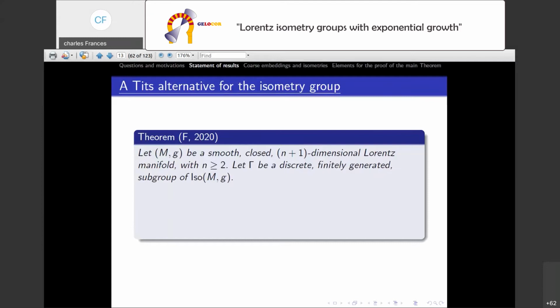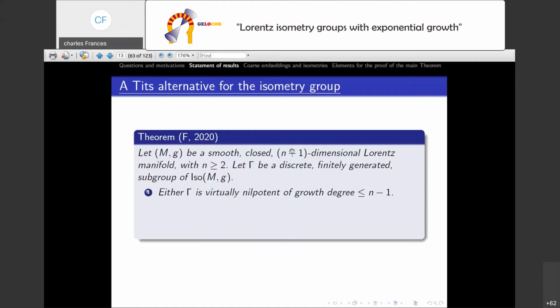You take Gamma, a discrete, finitely generated subgroup of Iso(M,g). So discrete is important. Either this discrete group is virtually nilpotent and its growth degree is at most n-1.